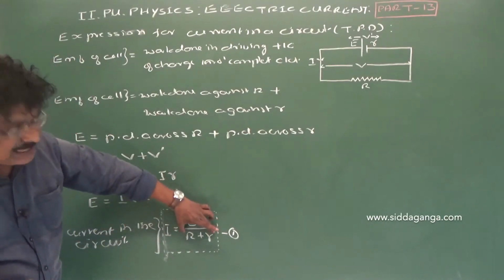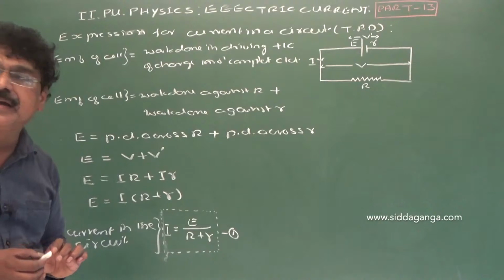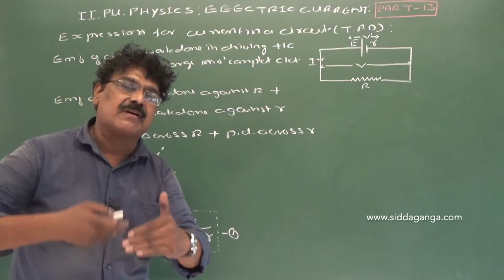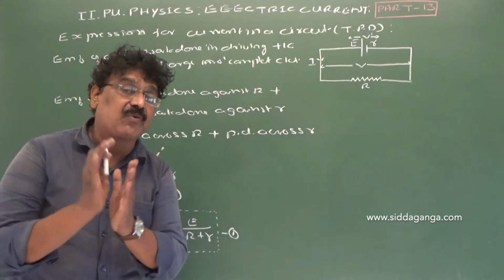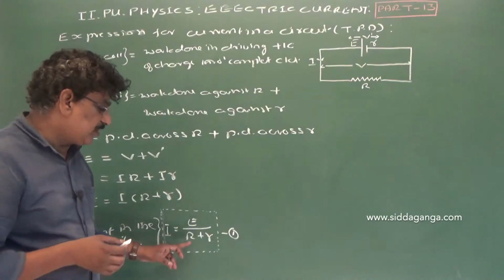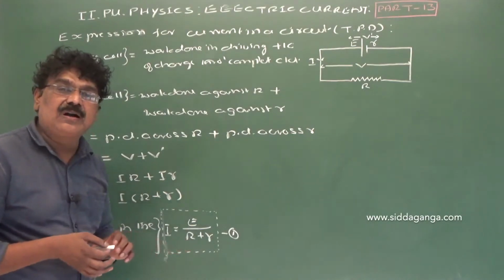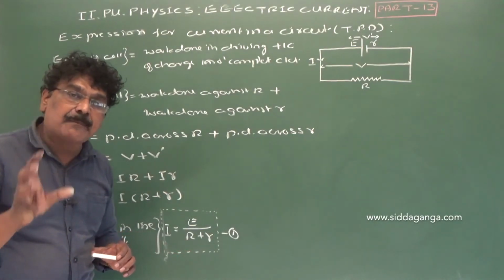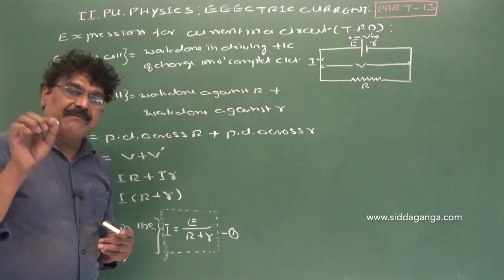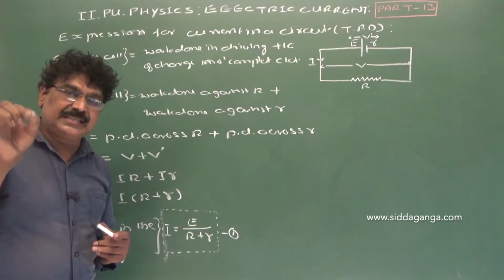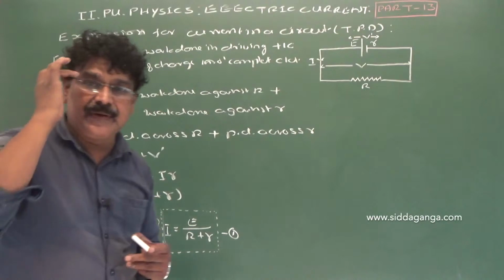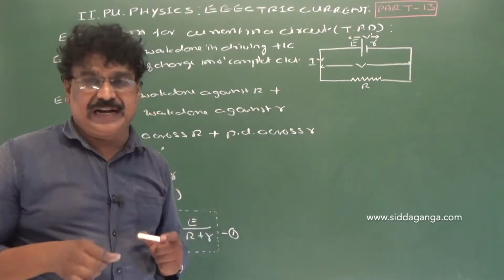This R plus r is called circuit resistance, that is the total opposition offered by the circuit for the flow of current through it. And this equation 1 is also called Ohm's law applied to a circuit. When we apply V is equal to IR or I is equal to V by R, it is Ohm's law applied to a conductor, where it gives current flowing through a conductor.